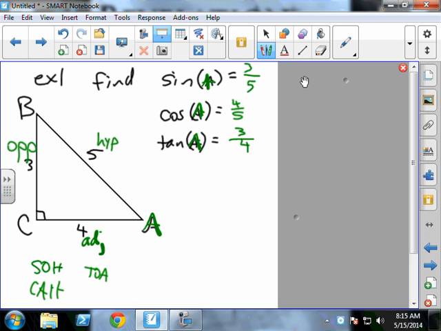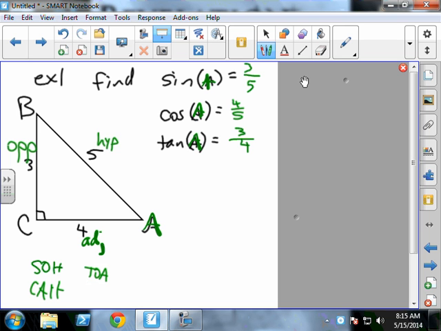One thing I want you to notice about the sine, the cosine and the tangent is that all of those ratios in this particular instance are smaller than 1. When you write a ratio for the sine and the cosine, they will always, without exception, be smaller than 1.